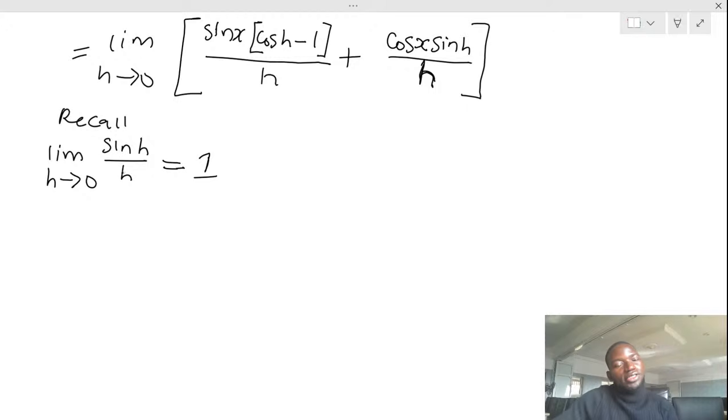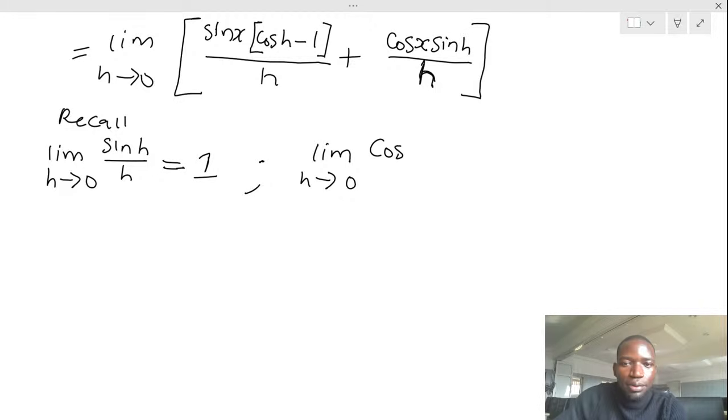Differentiate the upper one, the lower one, and substitute. Just take note of this. So if you take the limit as h tends to 0 of sine h over h, you're going to get 1. Similarly, if you take the limit as h tends to 0 of cos h minus 1 over h, this is going to give you 0.